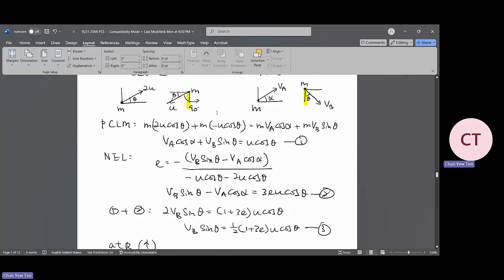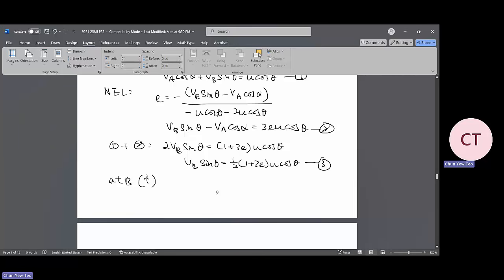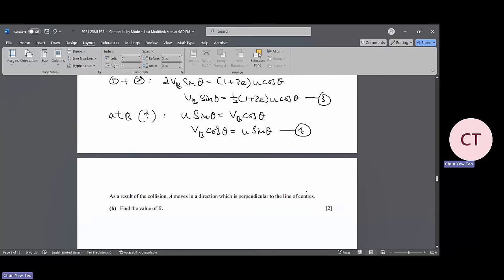That means u sin theta is equal to VB cos theta. That will be equation number 4.